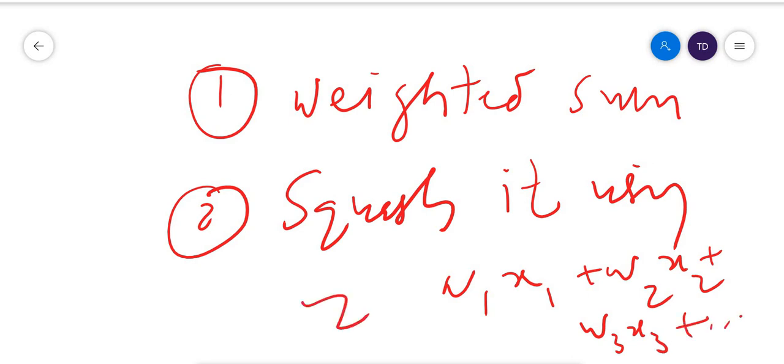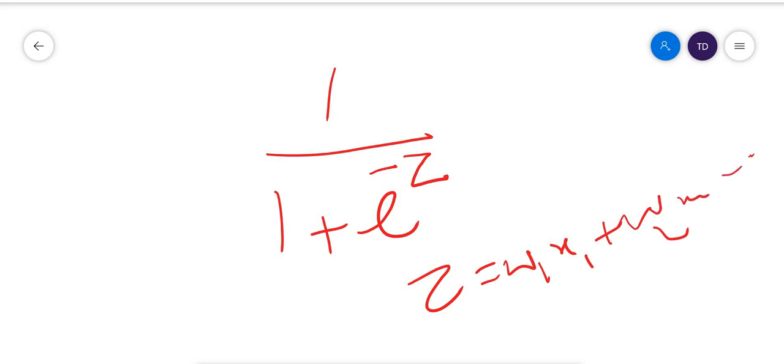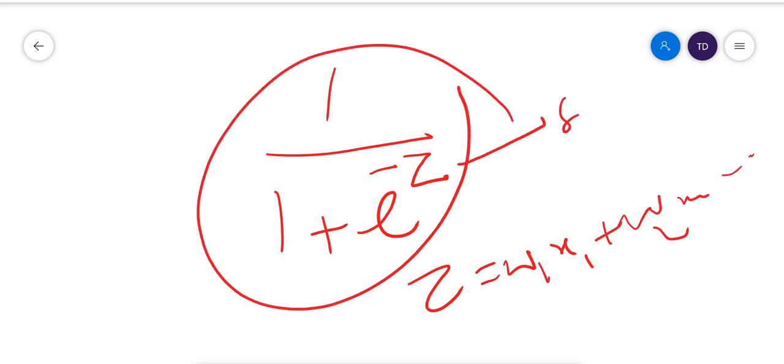This is the weighted sum. Then how do you squash it? If you are using the sigmoid activation function, sigmoid is 1 by 1 plus e raised to minus z, where z is the weighted sum, w1 x1 plus w2 x2 plus w3 x3. You will substitute the weighted sum instead of x. So this is the mathematics behind the simple neuron.